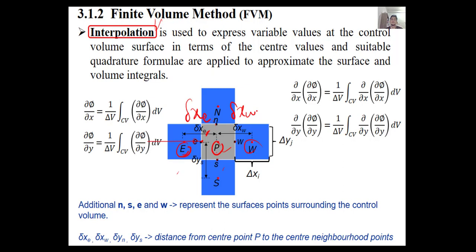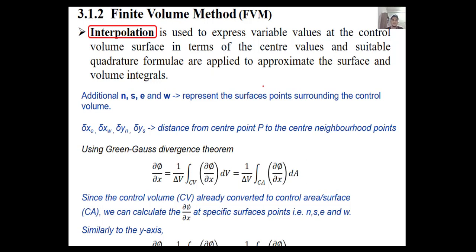Similar thing we make for the y direction. Remember, this is the x direction, this is the y direction. For the y direction, for example from P to the south, we have delta y s, and similarly from north to the south, delta y n.